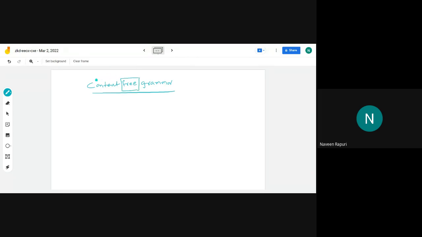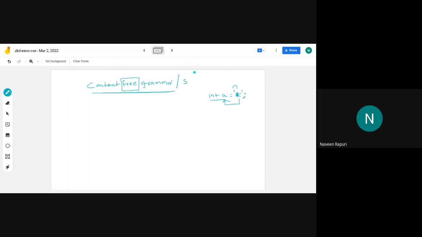Context free. Suppose int a equals some star, here I am trying to place a character in an integer. It is not the role of the syntax analyzer, because it doesn't see the context. What is the variable here and what we are storing? All these are not recognized or considered by context-free grammar.